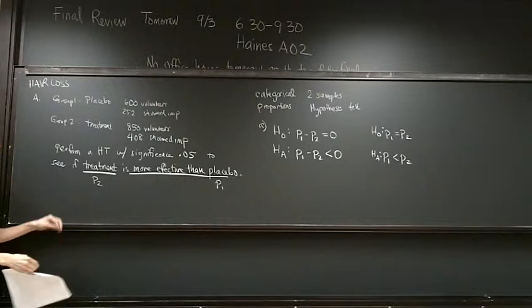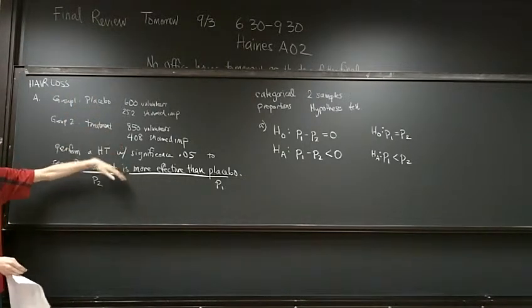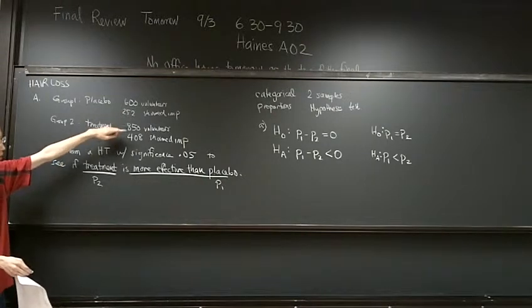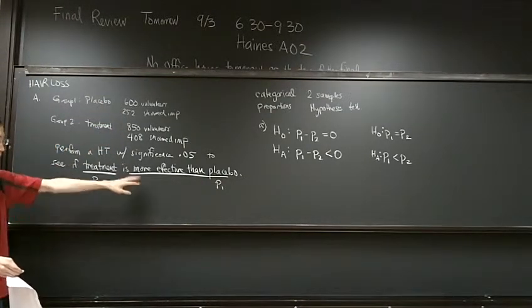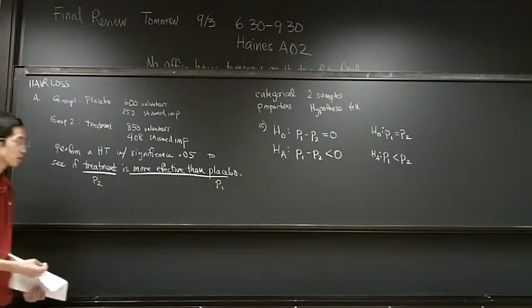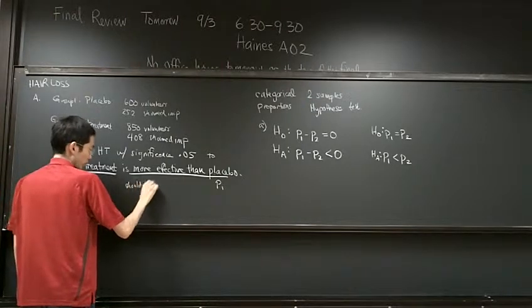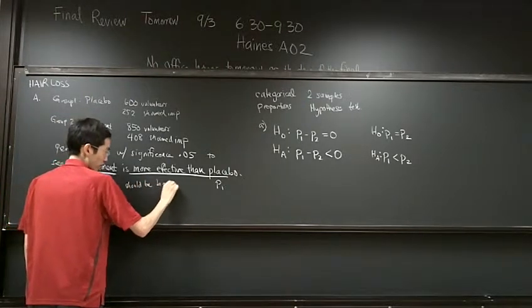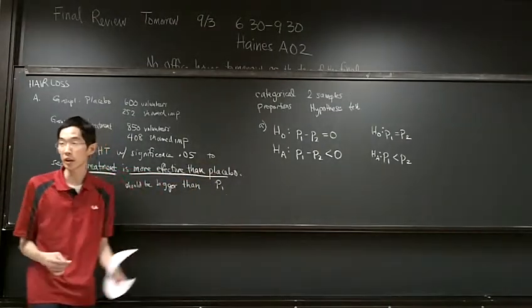And more effective, depending on what we're talking about, may mean larger or smaller. In this case, we want more people showing improvement than over here, so that means we're expecting P2 to be bigger than P1. And that's how we get our hypotheses.